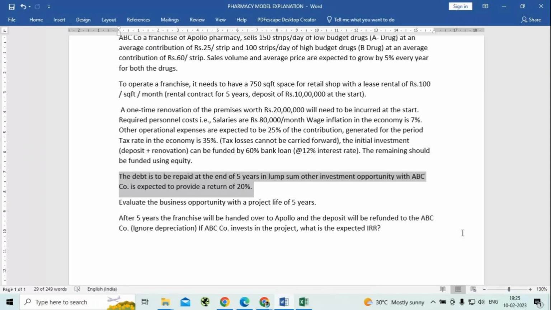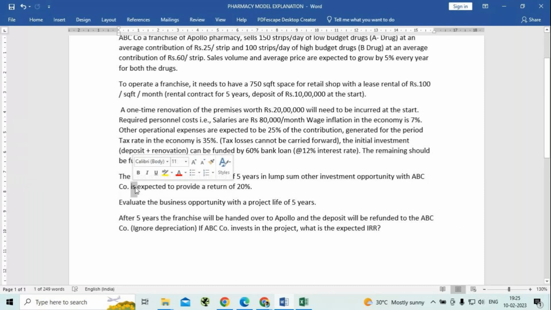The expected return on investment is 20%.